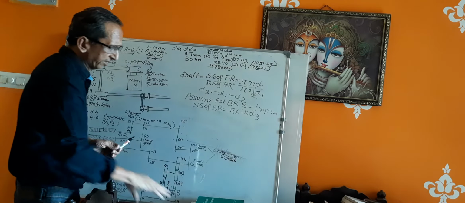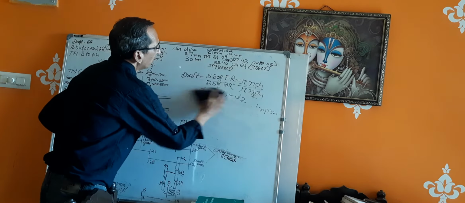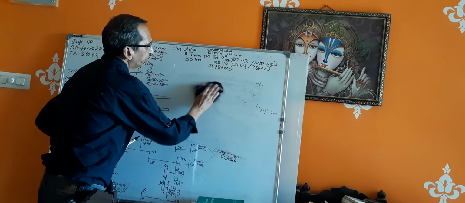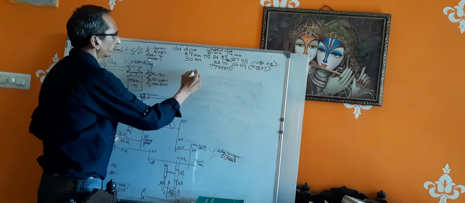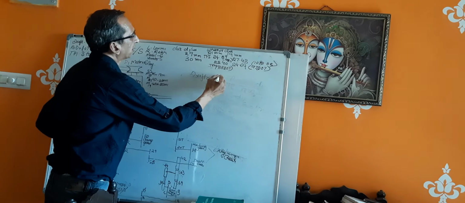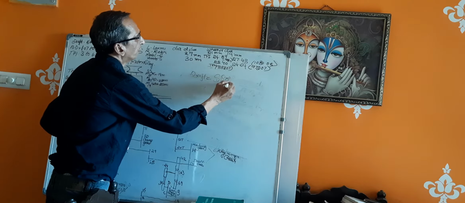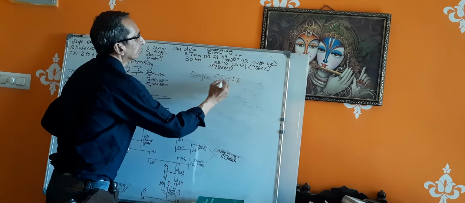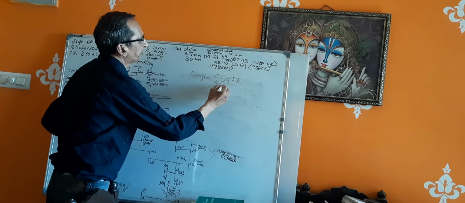Now in this case, as you know, the draft is the surface speed of front roller divided by surface speed of back roller.